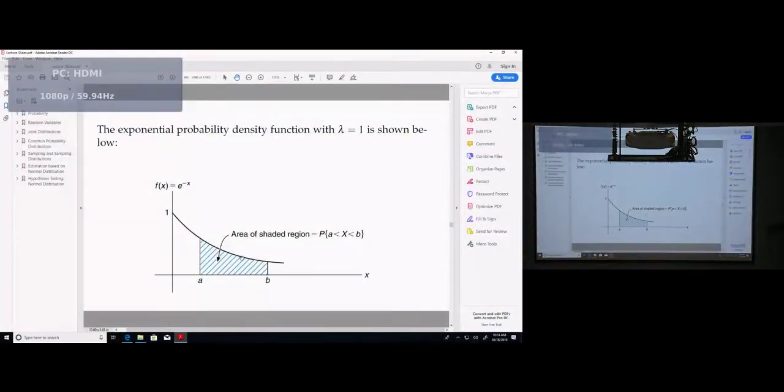Okay, and we are interested in the probability that the exponential distribution random variable falls within the interval AB. Now, this is a continuous random variable. It doesn't really matter whether you have an equal sign at one of the endpoints, so it doesn't really hurt, all right?